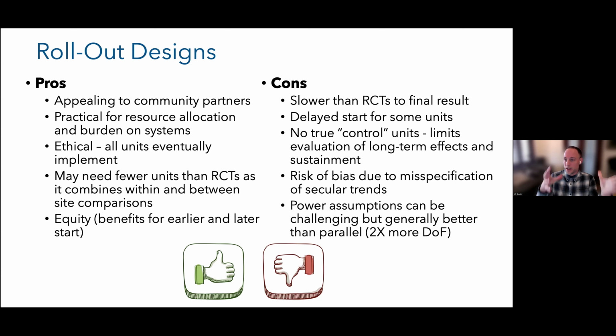And so having teams that can sequentially roll out can be really good for resource allocation. There is an ethical benefit to this, that all units eventually get to implement. You may also need fewer units than a traditional RCT as you're combining the within and between site comparison. So that is a pro for us, both reducing costs and just the pure challenge of engaging multiple implementation sites.